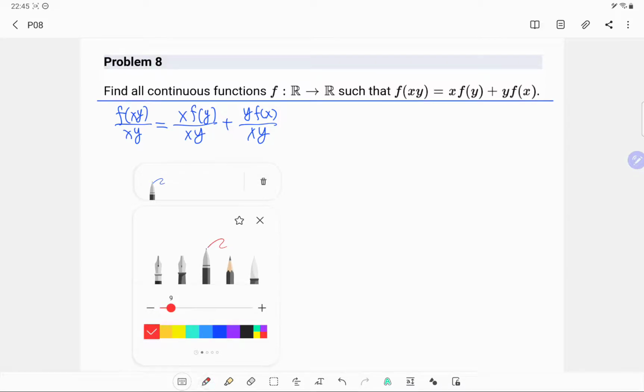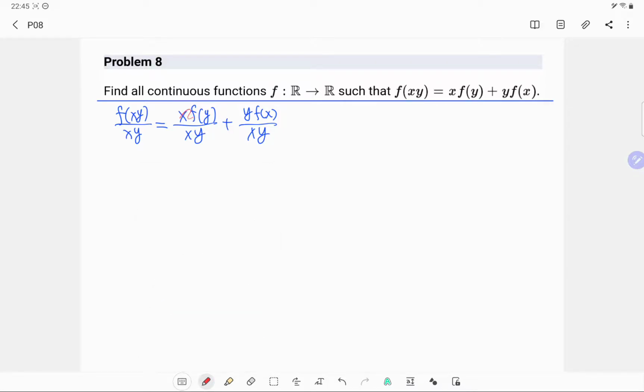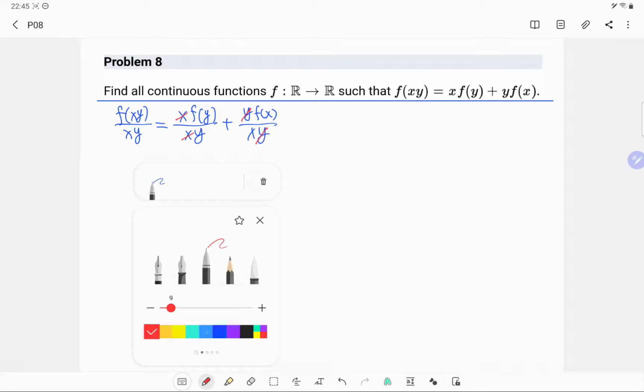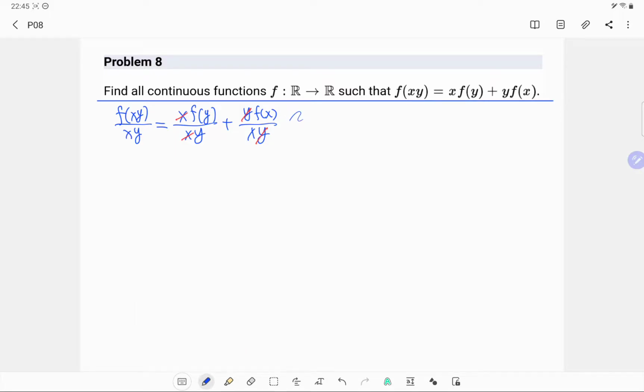Then we can just cancel x for the first term and cancel y for the second term on the right side. So the right side will become f of x over x plus f of y over y.